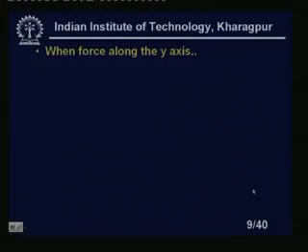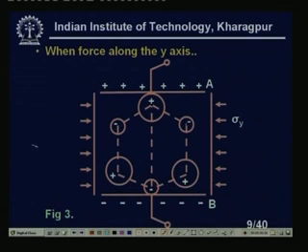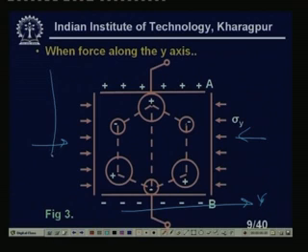We also have the transverse effect. Let us look at that. Suppose you apply the force along the y axis, then what will happen? I am applying force in this direction, so this is my y axis and this is the x axis, right. But I am collecting the charge from the plates which are placed on the x axis, right.